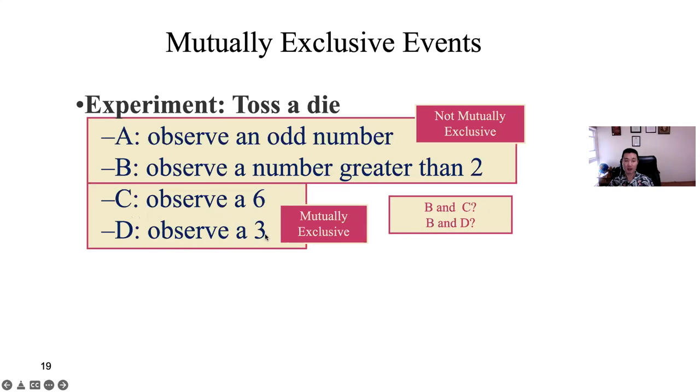D, observe number 3. So if we see a number 3, D occurs. 3 is also more than 2, so B also occurs. So B and D are not mutually exclusive. Okay, so you get the idea.